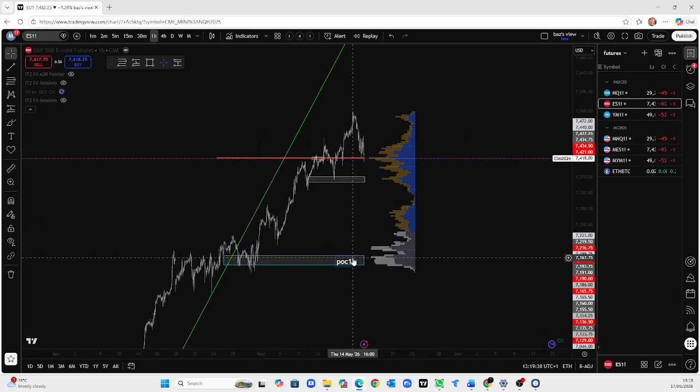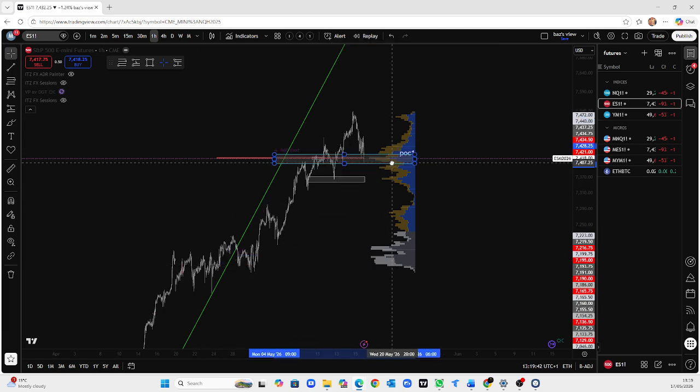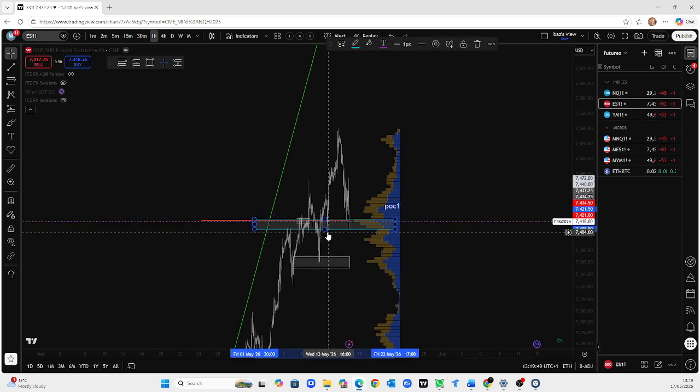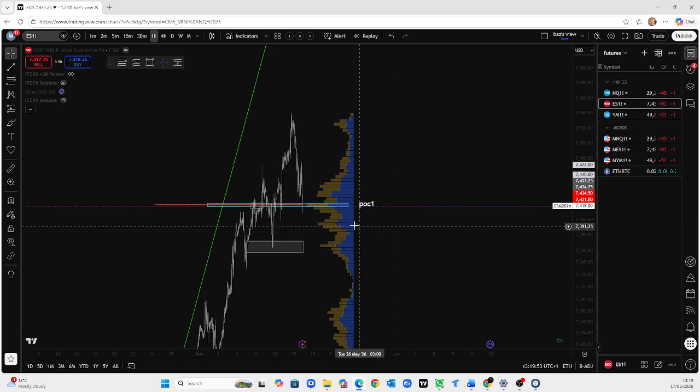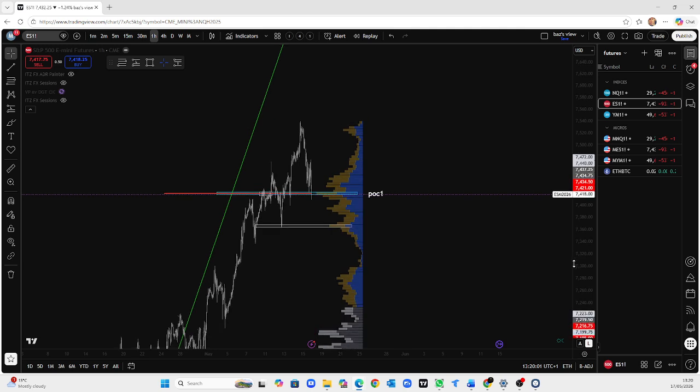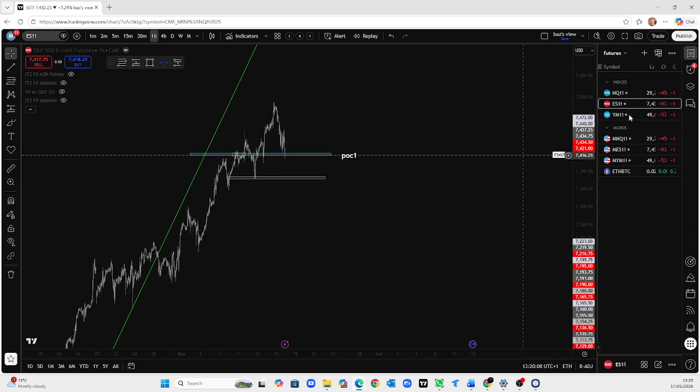However, the POC has changed, so we can move this up here now. We can even see a reaction from here to continue in the week.